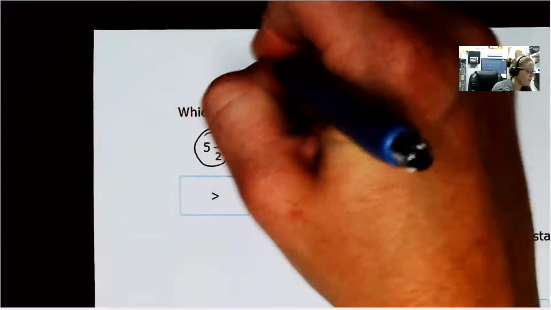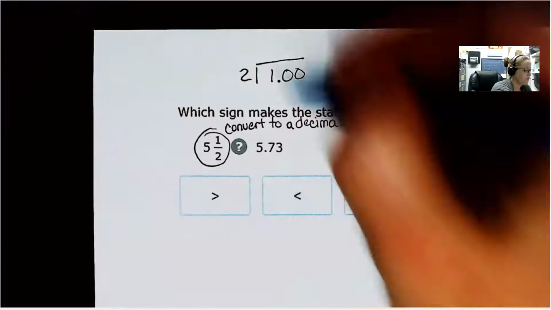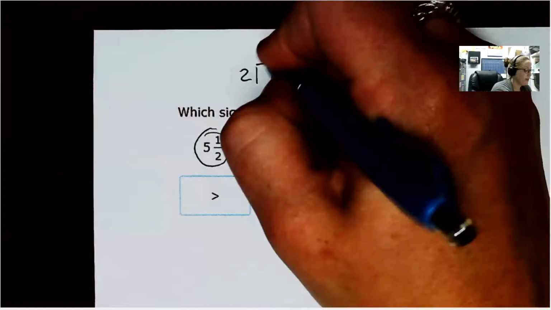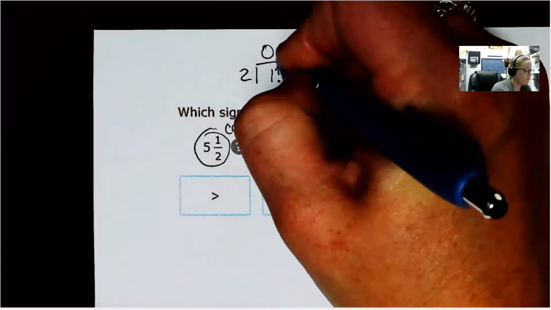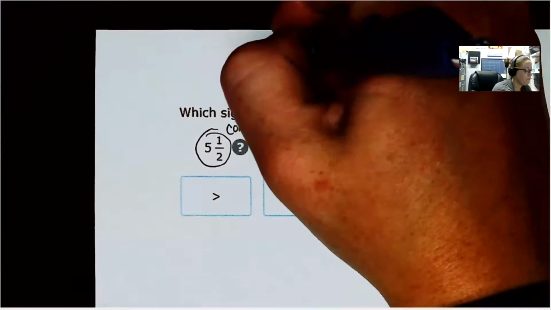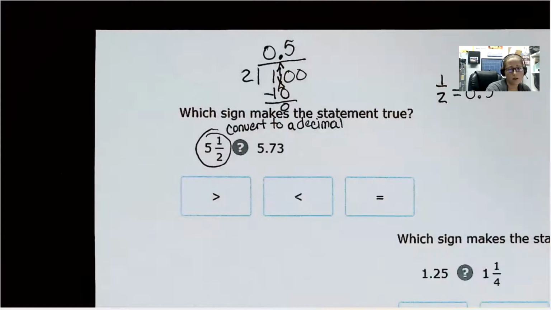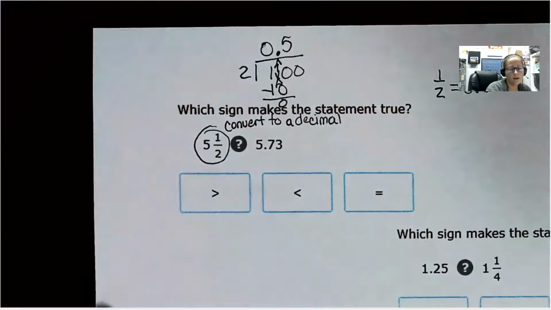So you would take 1, add your decimal and your zeros, and divide by 2. 2 goes into 1, 0 times, bring up your decimal and forget about it. And then 2 goes into 10 5 times. 5 times 2 is 10, and this just equals 0. So that's an option you can do as well, okay?